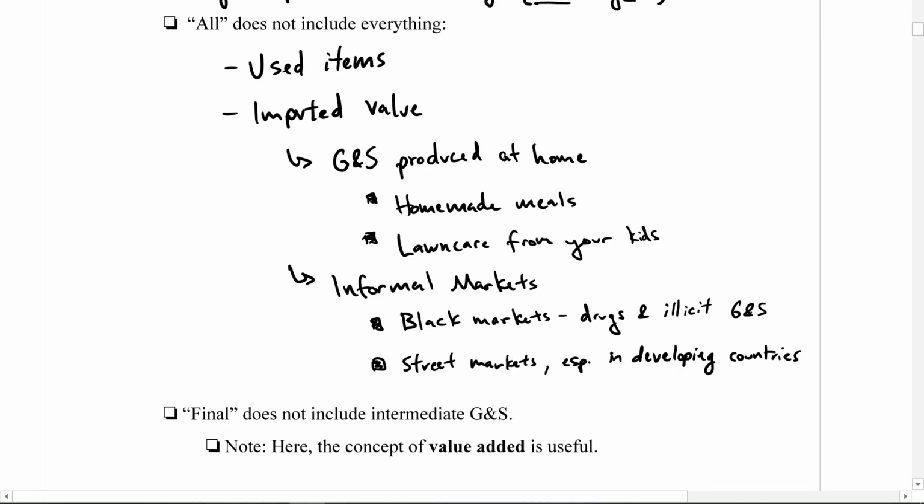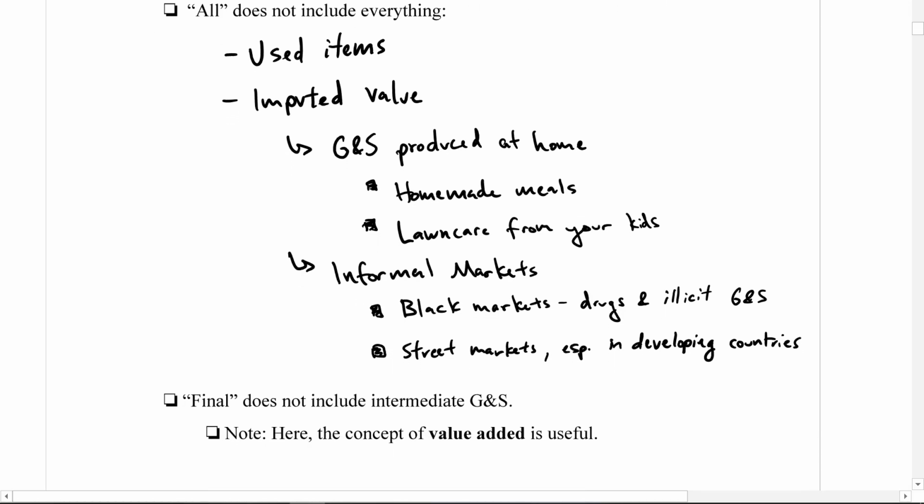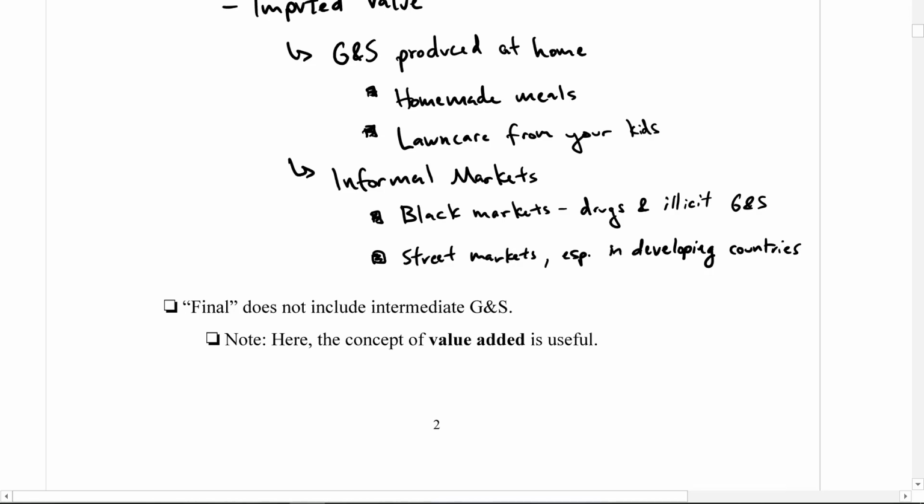Okay, so that's this idea of all goods not being included, used items and imputed value goods and services, and the next is final goods and services. So here we're talking about only the final good being included in GDP, and I think one of the easiest examples here is to think about cars.